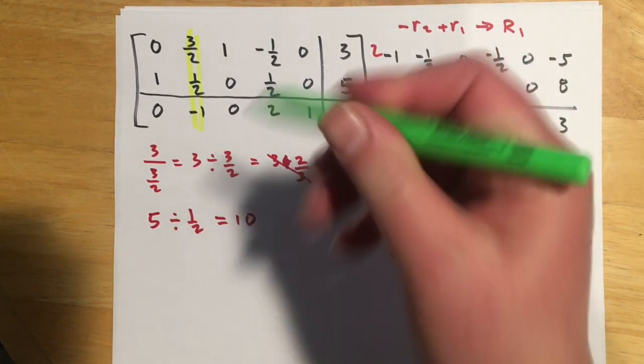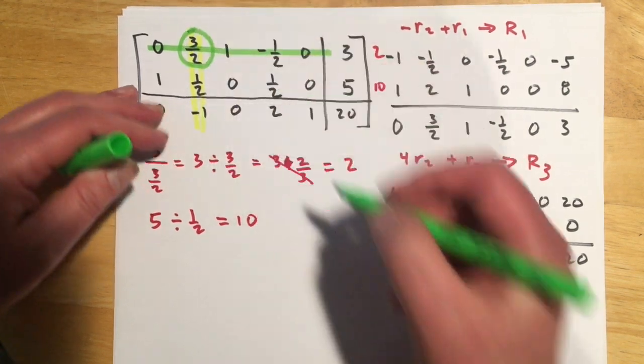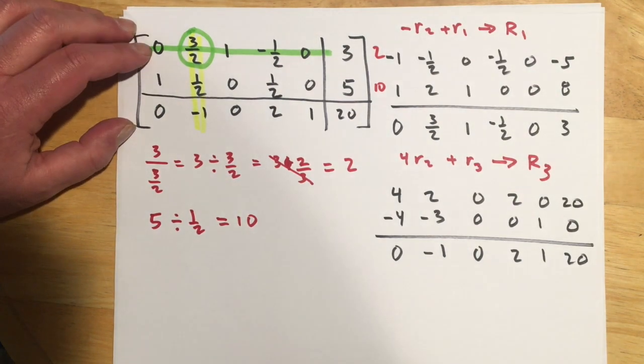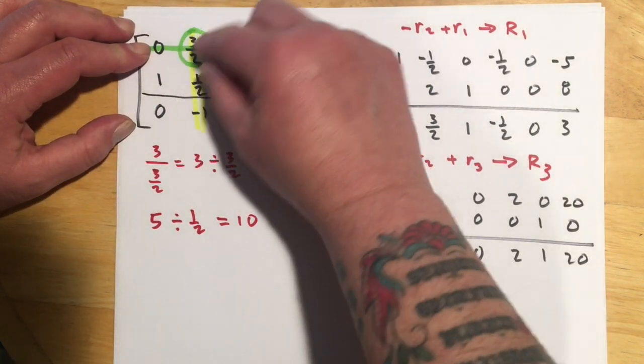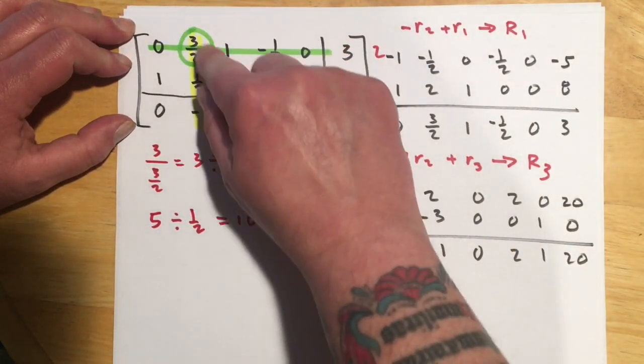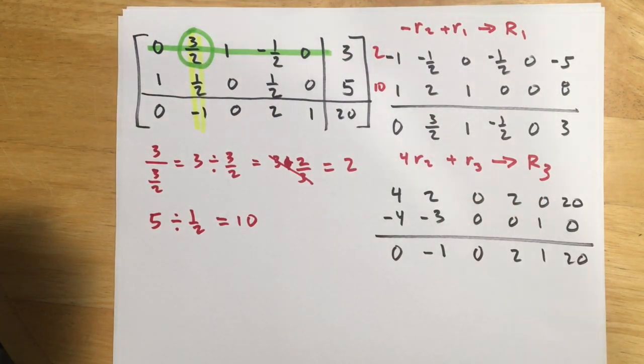So there's our pivot row, and this entry right here is going to be our new pivot. So what we want to do is multiply this by 2/3, because that's the reciprocal here. If I do this by 2/3, that's going to make this a 1 and mess up all this stuff, but let me show that.